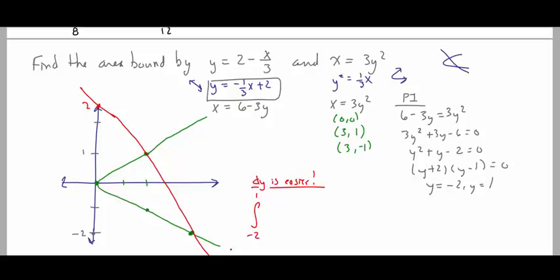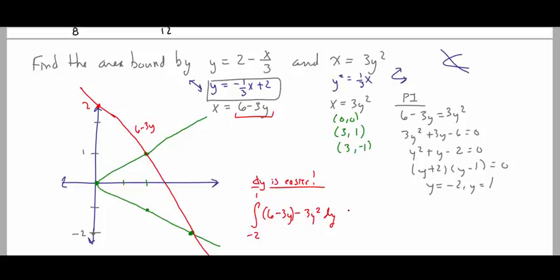My right curve is going to be 6 minus 3y because it's the line. And then my left curve is this x equals 3y squared. So this is the easier one for me to set up just because it has the same right and left curve over the entire region.